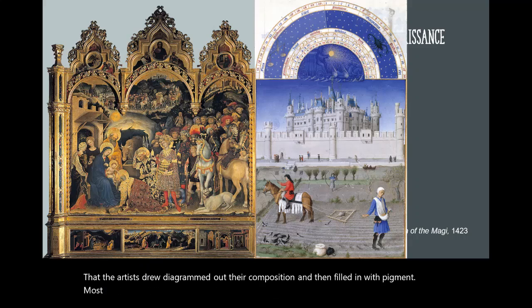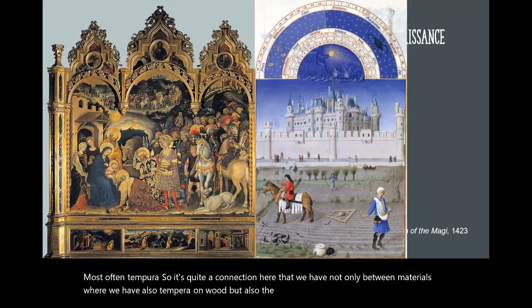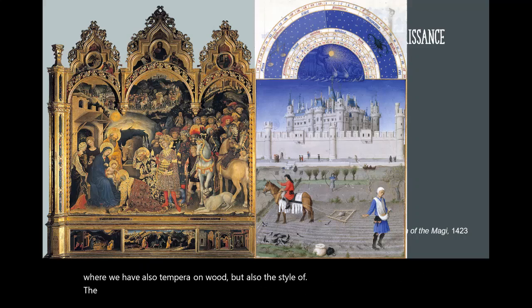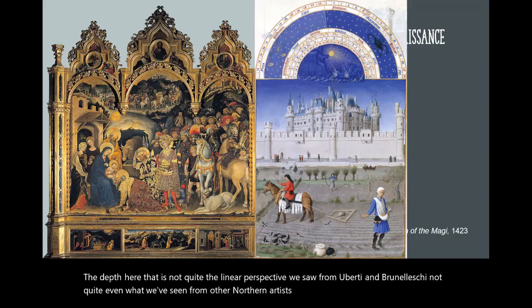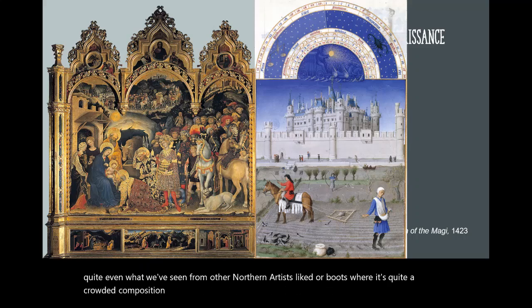So it's quite a connection here that we have, not only between materials, where we have also tempera on wood, but also the style of the depth here that is not quite the linear perspective we saw from Ghiberti and Brunelleschi, not quite even what we've seen from other northern artists like Dirk Bouts, where it's quite a crowded composition there on the left with the Adoration of the Magi.